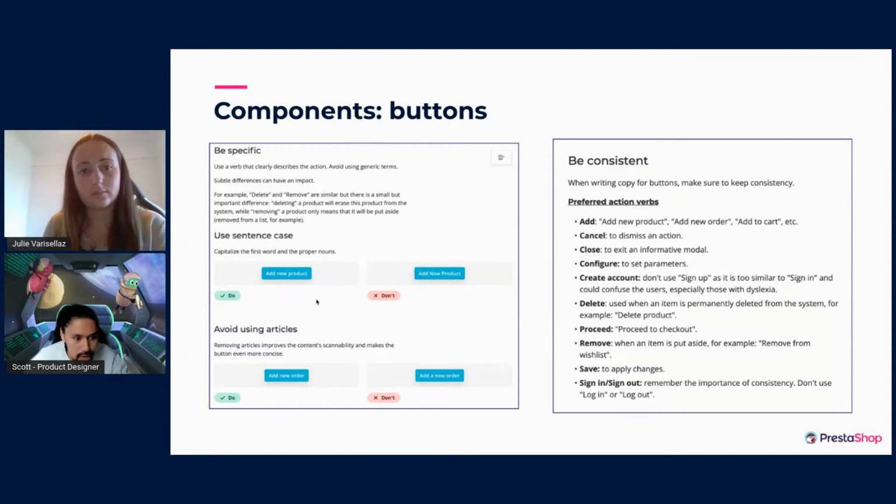As you can see, the first letter is in capital, and the other words are in small letters. That's how you're supposed to write it, and not like every word has to be in capital letters. And at the end of this list, we have listed all the preferred action verbs, as you can see: add, cancel, close, and so on.